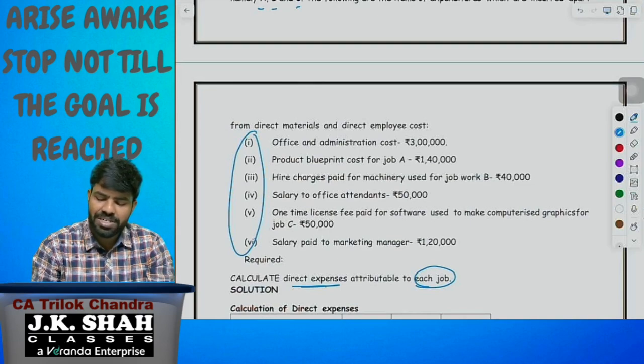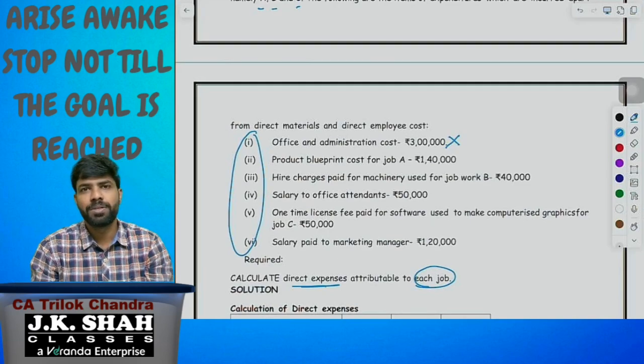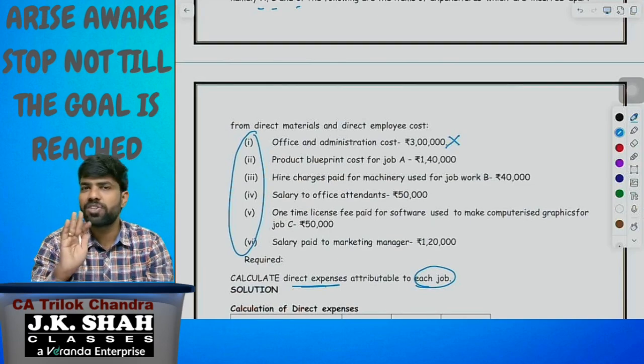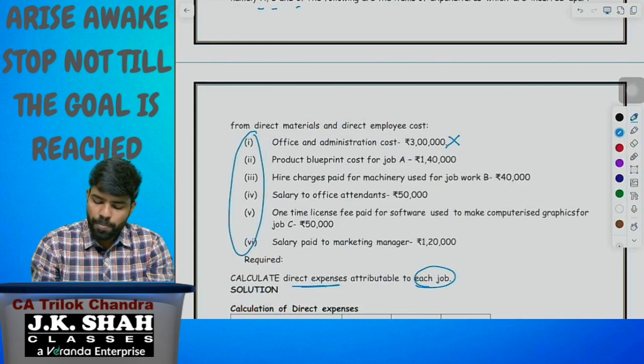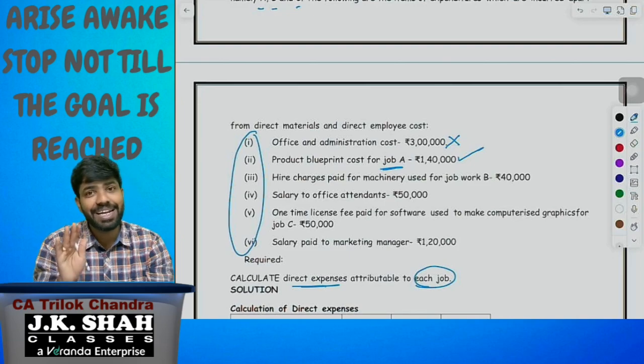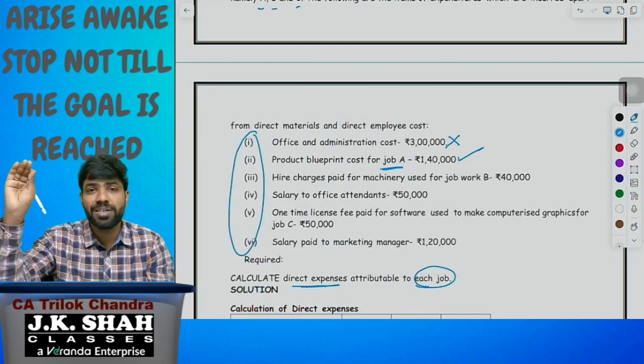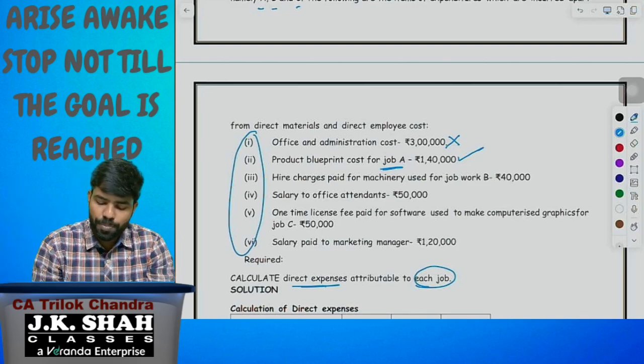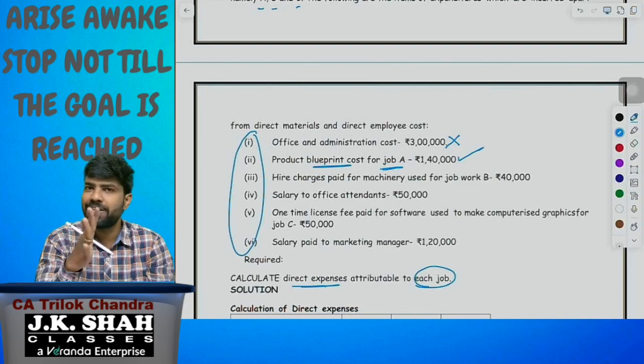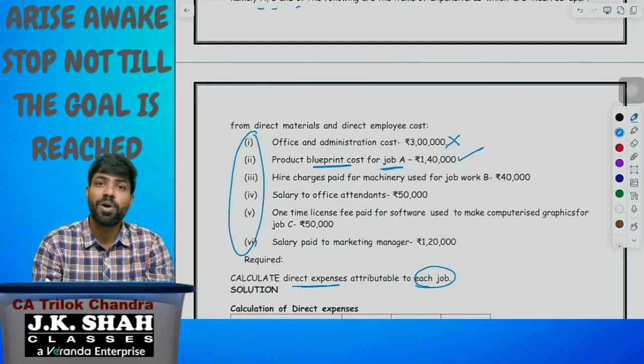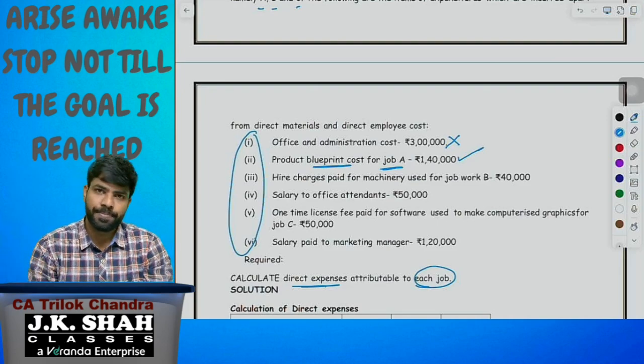Office and administration cost is not a direct expense because it is not specifically incurred for the job. Product blueprint cost for job A, 1,40,000, is a direct expense specifically incurred for job A. That too, blueprint cost is not a material, not a labor, it is an expense. What expense? Direct expense. Why? Because specifically incurred for job A.